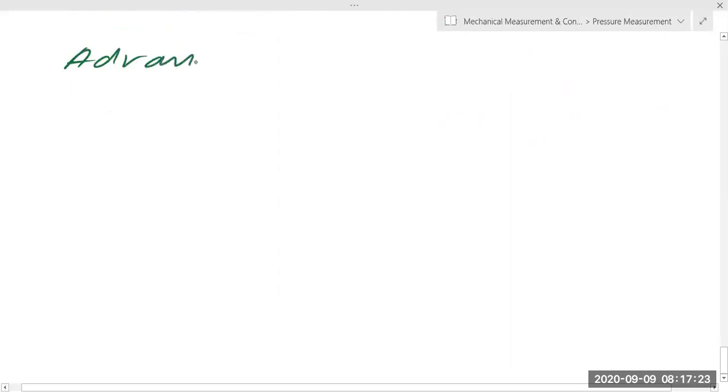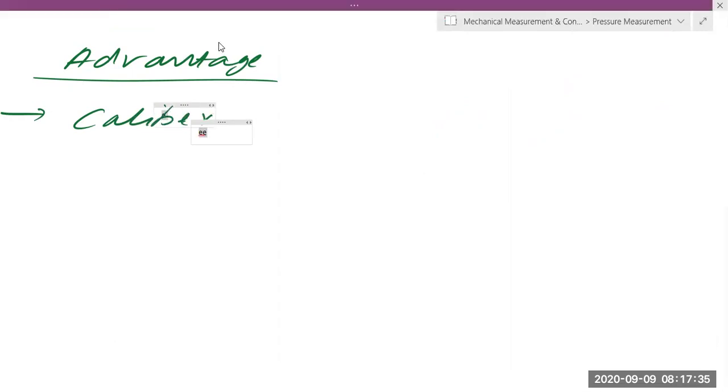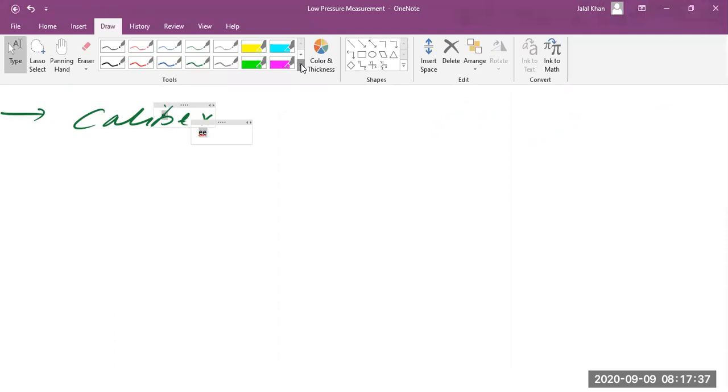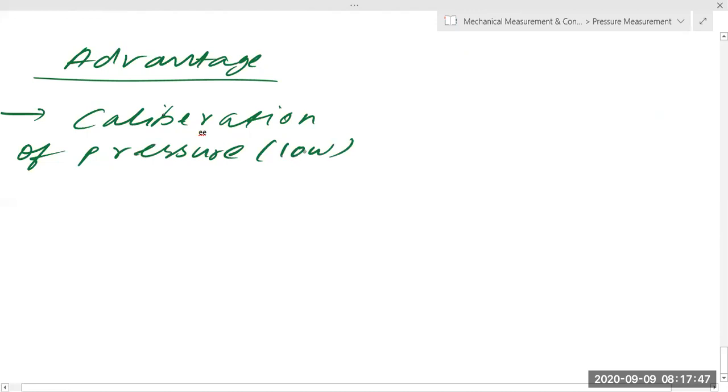An advantage is that it is actually used for calibration of various vacuum gauges, for calibration of low pressure. This is one of the very important advantages.